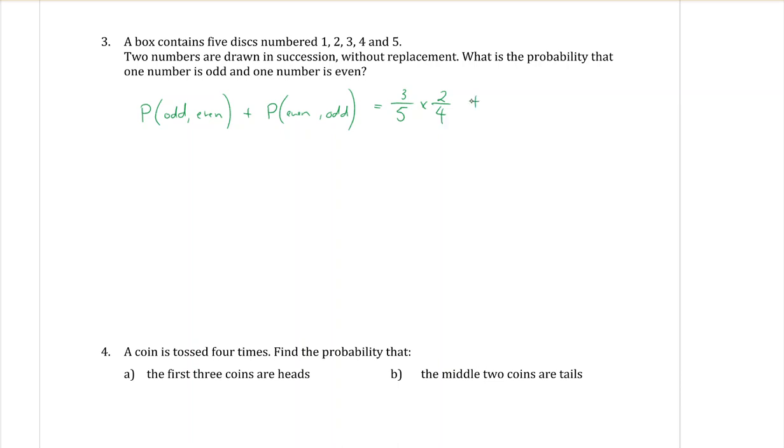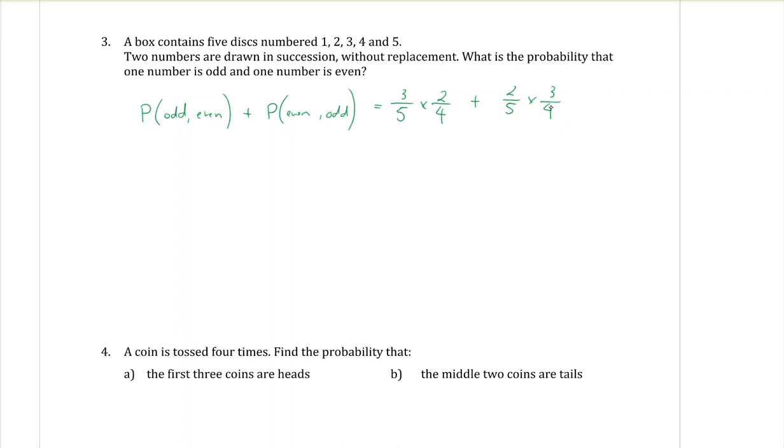Then I want to add, these would be 2 separate branches on my tree if I was doing the tree diagram, which we're trying not to do because we want to save time. Probability of even then odd, back to my original 5 numbers, there is 2 even numbers out of the 5. 1 even number is selected, so I'm down to 4. How many odd numbers remain? 3. So it's 3 out of 4 for the second fraction there.